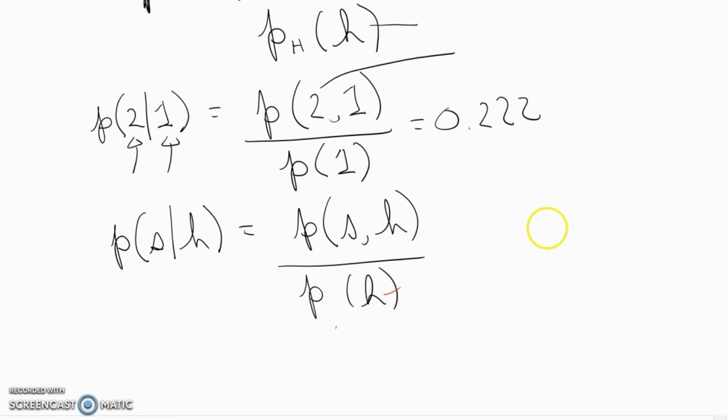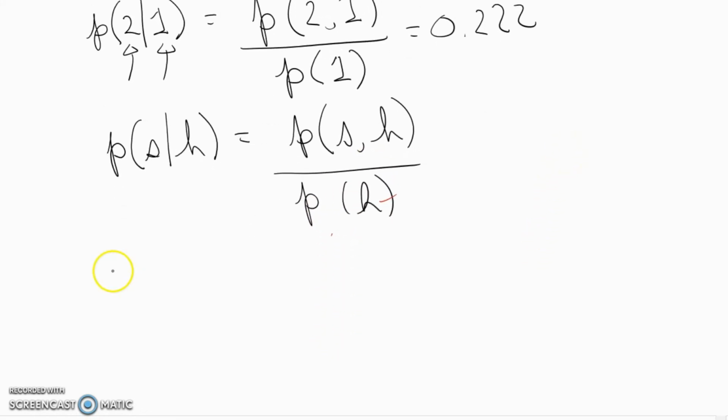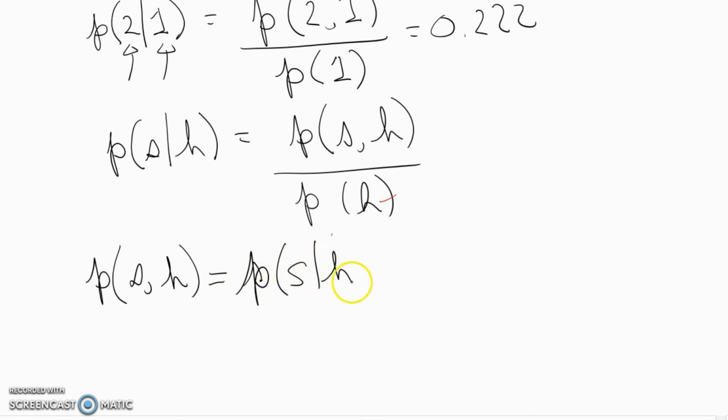And then I'm going to rearrange this and say that the joint probability, a randomly selected tree being a particular species and height class, is equal to the conditional probability times the marginal probability of it being in height class. So this is just a rearrangement.